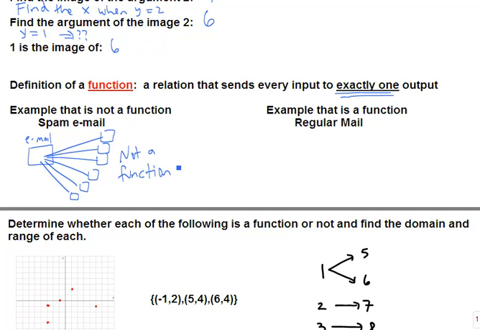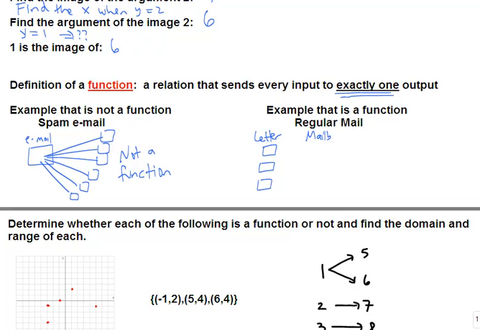Okay? Something that would be a function would be regular mail that you receive from the mailman. The reason why this is a function is if you have several letters being delivered, you can't take a letter, rip it in half, and send it to 2 different mailboxes. That's not allowed.